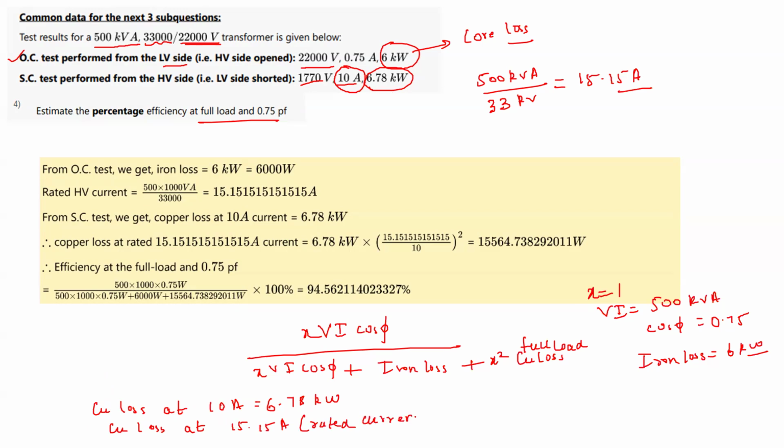It will come out to be, because copper loss is proportional to current squared, it will be multiplied by 15.15 square divided by 10 square. So copper loss at rated current or full load current will come out to be, okay, so you know all this data, you can use it in this equation, so you will get the value. Okay, so this is how you solve for this question.